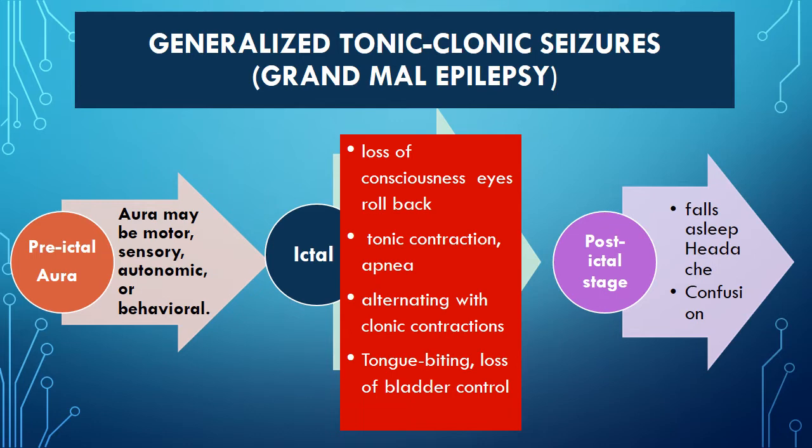Following the attack of seizure, the child may fall asleep, may have headache or confusion for a certain period of time. Some children with focal to bilateral generalized tonic-clonic seizure may have aura, which denote the focal onset of seizure in some children.